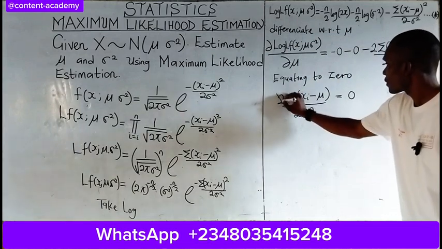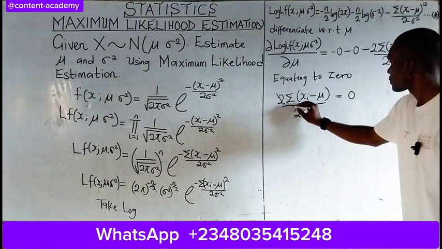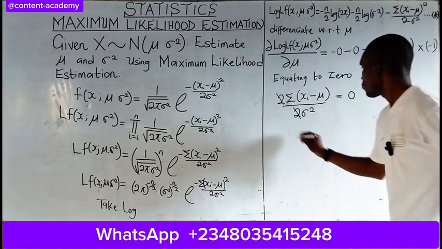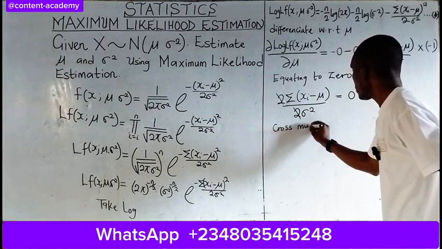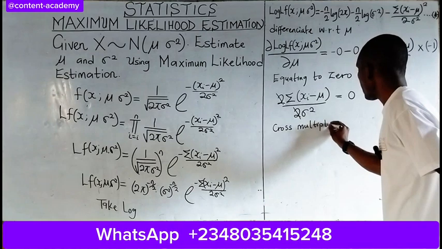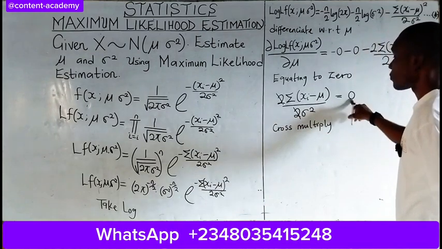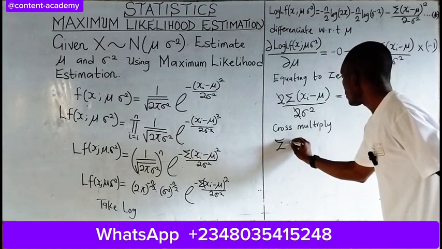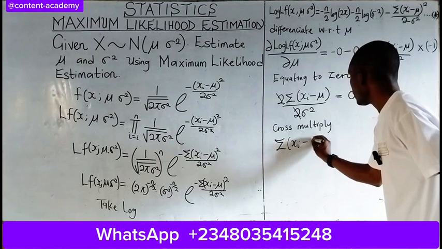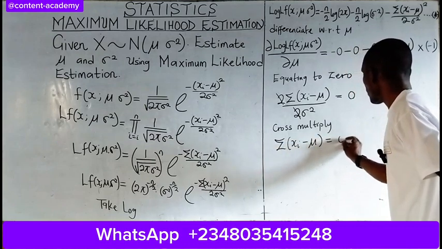Of course, this can cancel this. So we just cross multiply. If we cross multiply, this will multiply this to give us 0. So we are left with summation of (xi minus mu) equal to 0.